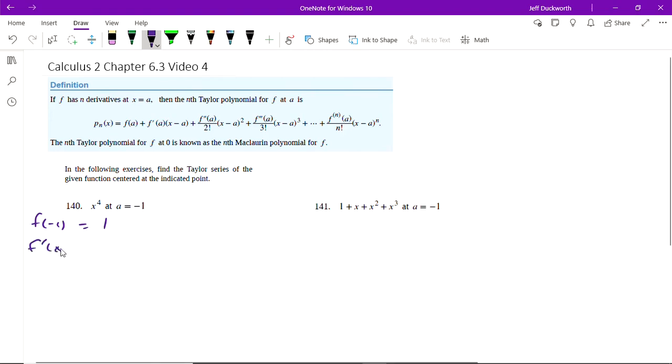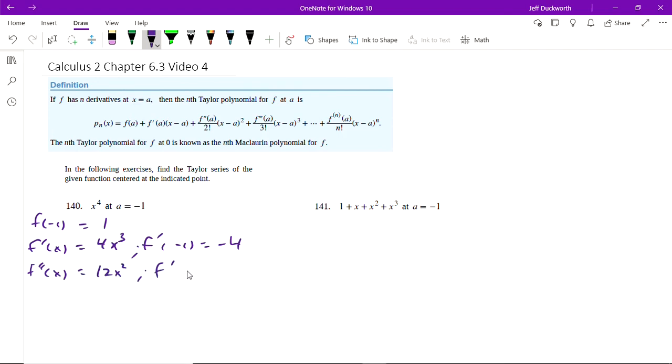F prime of x is going to be 4x cubed, and f prime at -1 will be -4 because we've got an odd number for the exponent there. Second derivative is 12x squared, which means the derivative at -1 will be just positive 12.